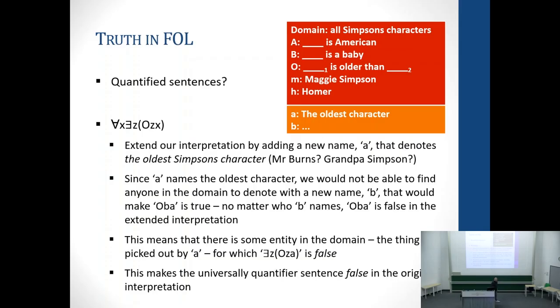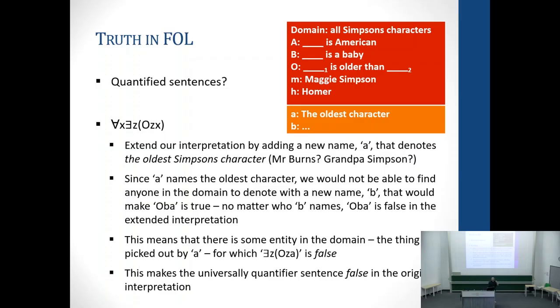So again, what's the basic process for evaluating these? When you have an existential, look to see, is there even one object in the domain that you can slot in, whether you have a name for it or not? When you have a universal, look to see, can you slot every object in? If there's even one that satisfies the sentence, the existential is true.